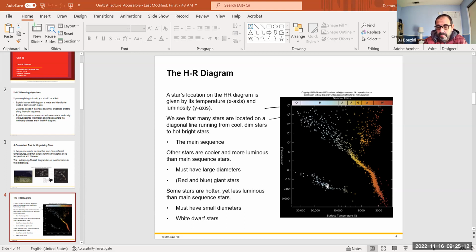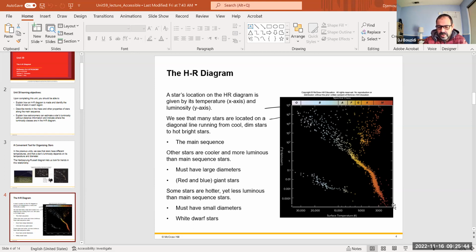And there are a few stars that are cold on their surface, but huge. They're red, and they're giants. They're called red giants. There are even bigger ones, called red supergiants. There are actually blue giants also in the spectrum, and there are yellow giants in here. So these are the main classifications in this diagram.